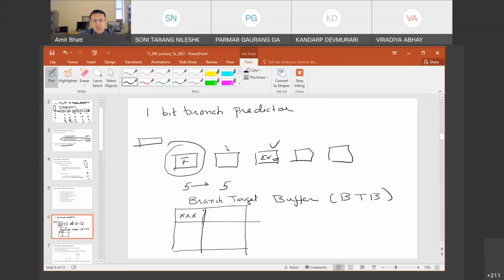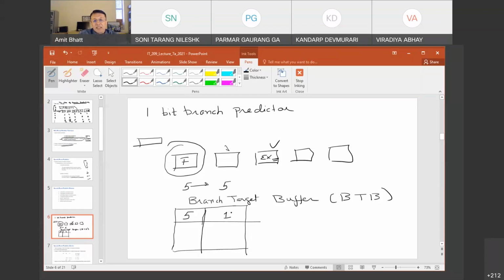So your branch target here would be instruction 1, right? So, for convenience's sake, I would write instruction number 5. If the branch is taken, it will go to 1, right?